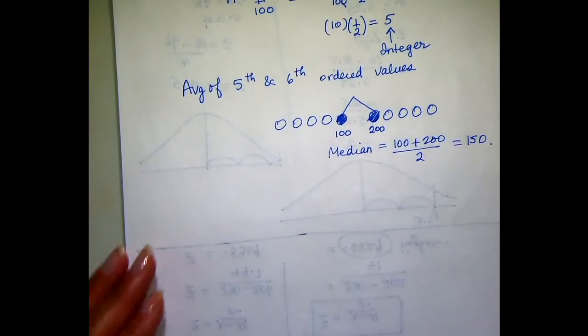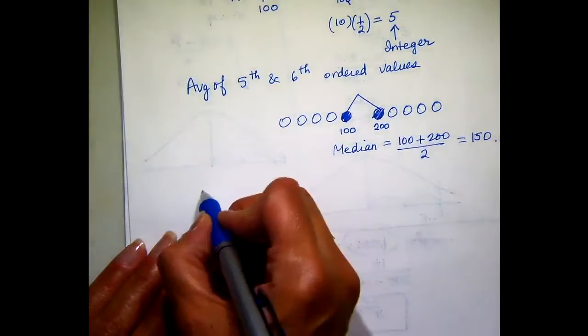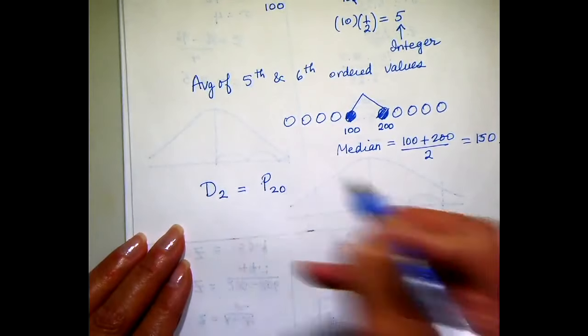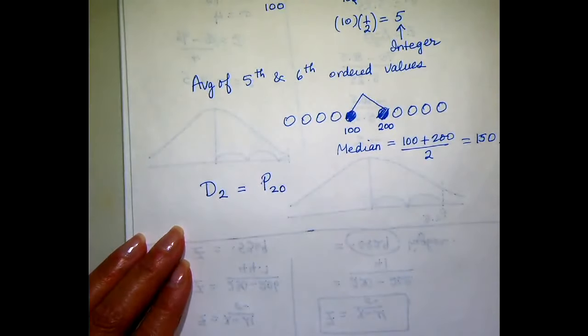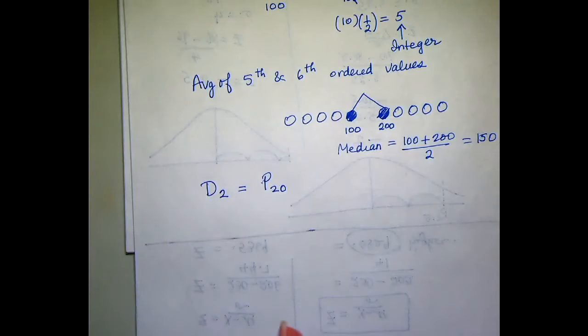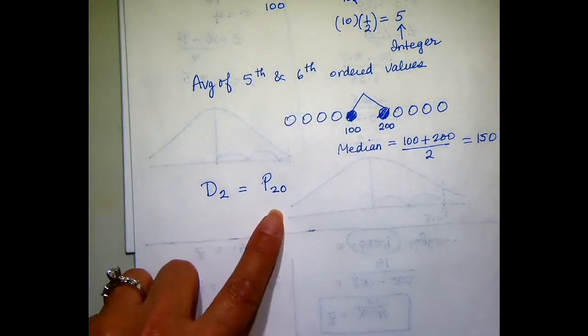So what if I wanted the second decile? I want D2, which is P20. Deciles divide your data into tenths. So the second decile would bring you to the 20th percentile. The 7th decile would bring you to the 70th percentile, like that. So D2 is P20.